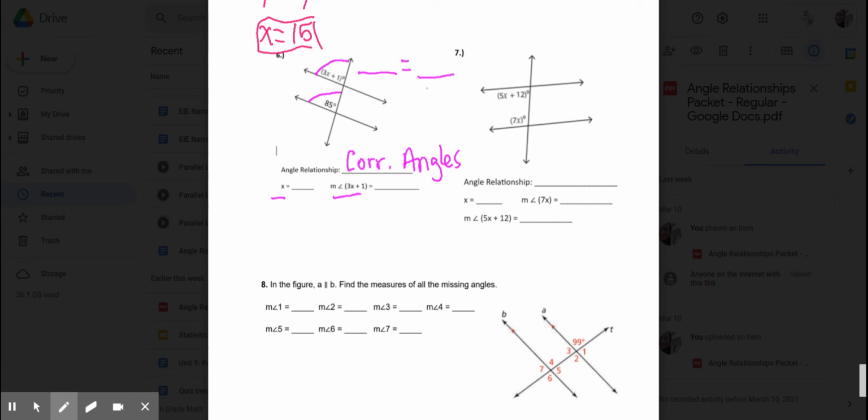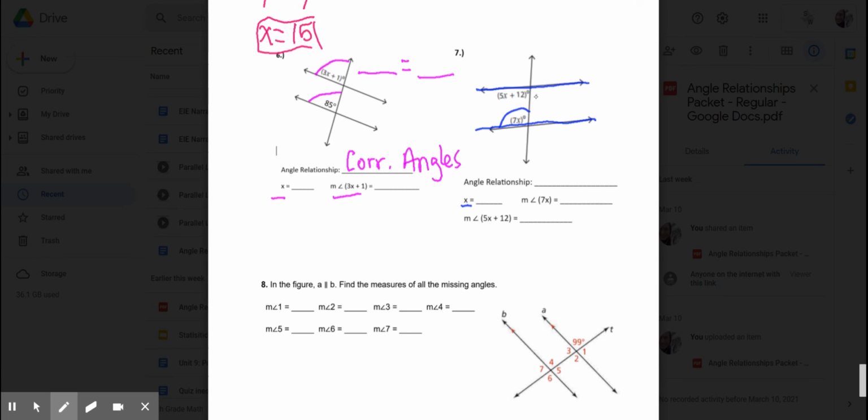I already said it, but anyway, remember corresponding angles are equal. But then number 7 has the same issue as number 5 because these are parallel lines. I need to find the value x. I need to find the value of the angle that's 7x and the angle that is 5x plus 12. Okay, so this 7x angle, it's on the interior.